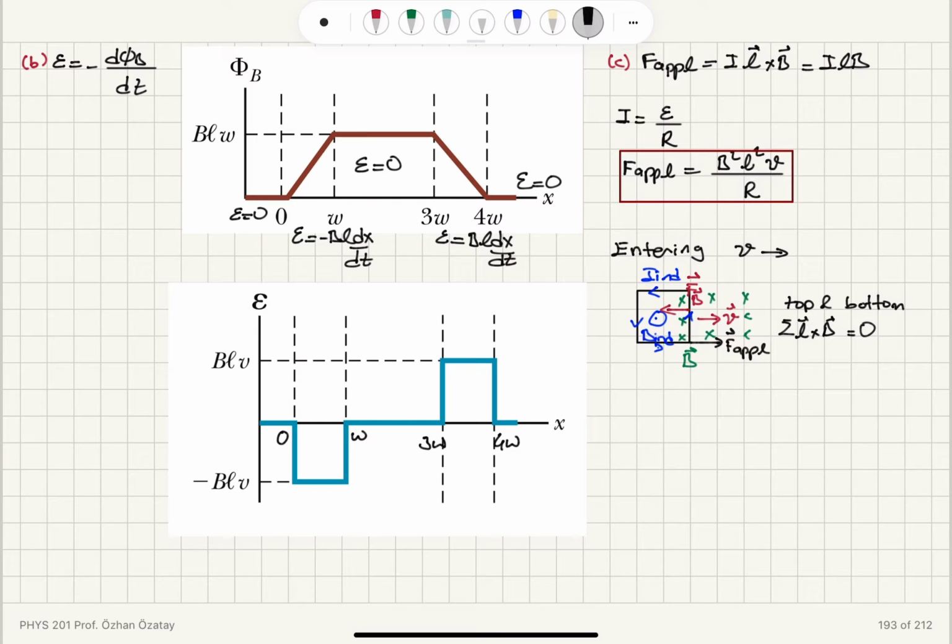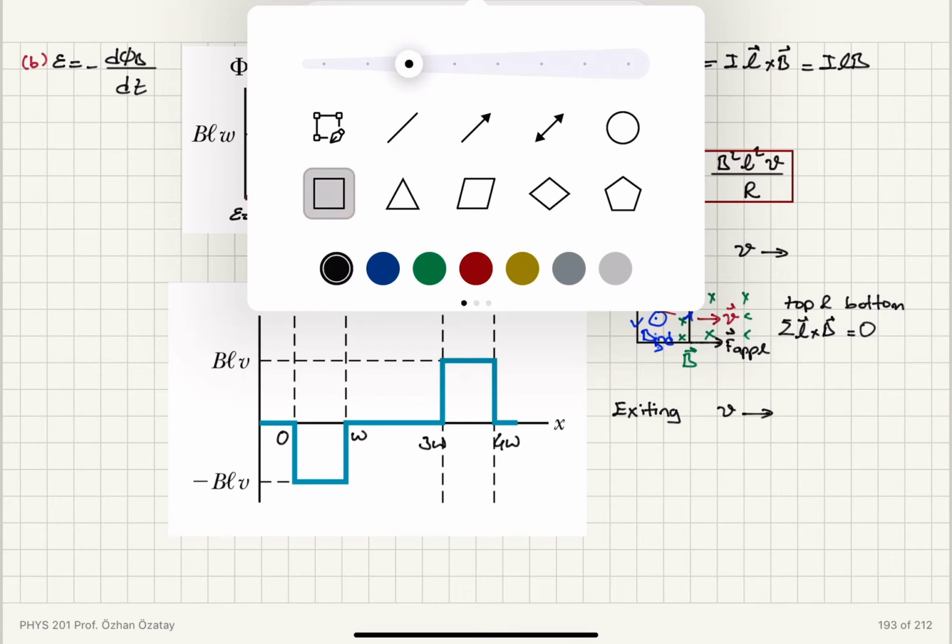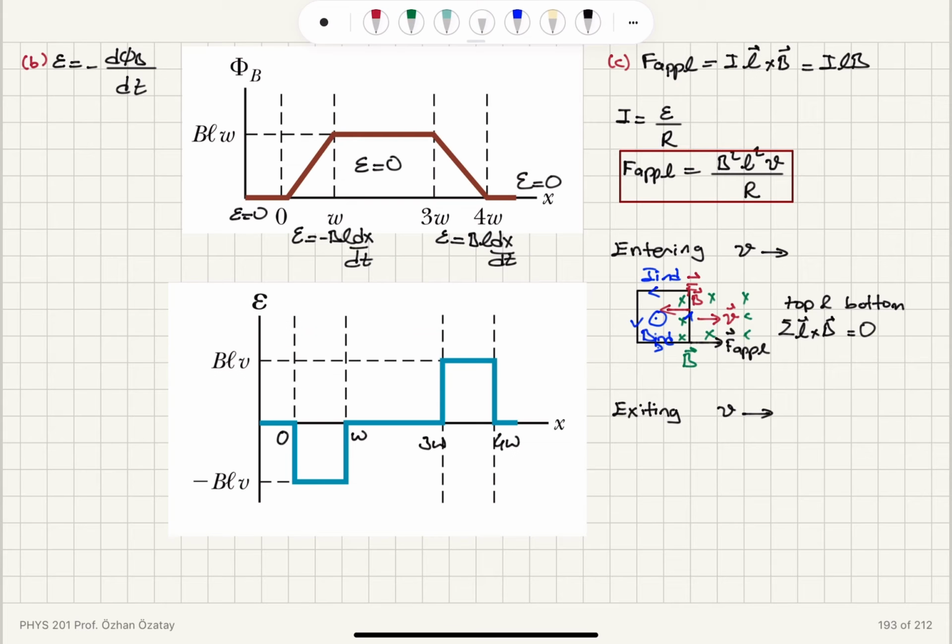Now, as we are exiting this region of uniform magnetic field, again the velocity points to the right, we will have the following scenario. Now, this is the end of the region, and therefore the magnetic flux into the page is decreasing.